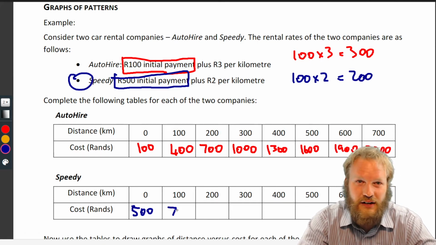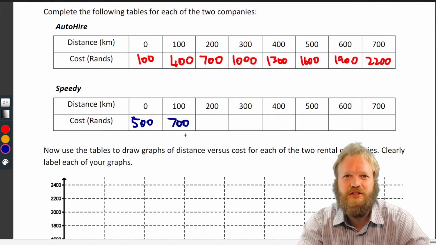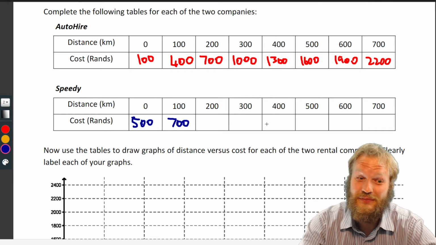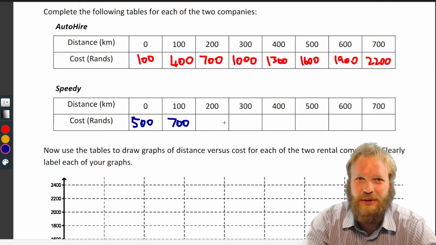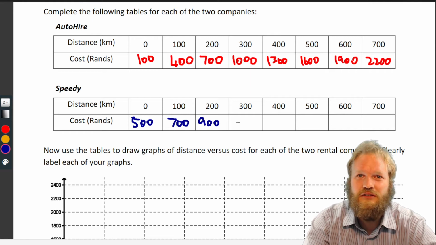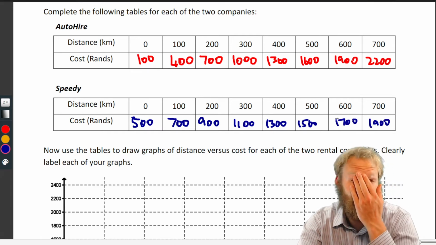On top of that, 500 gets us to 700. How are we going to fill in the rest of this table speedily? See what I've done there? Well, we know that we're going up by 200 Rand for every 100 kilometers. So let's just fill that in: 900, 1100, 1300, 1500, 1700, 1900.